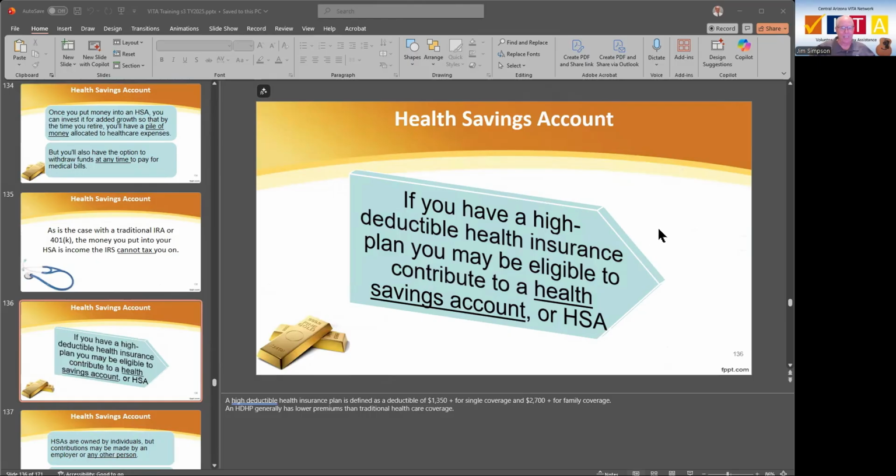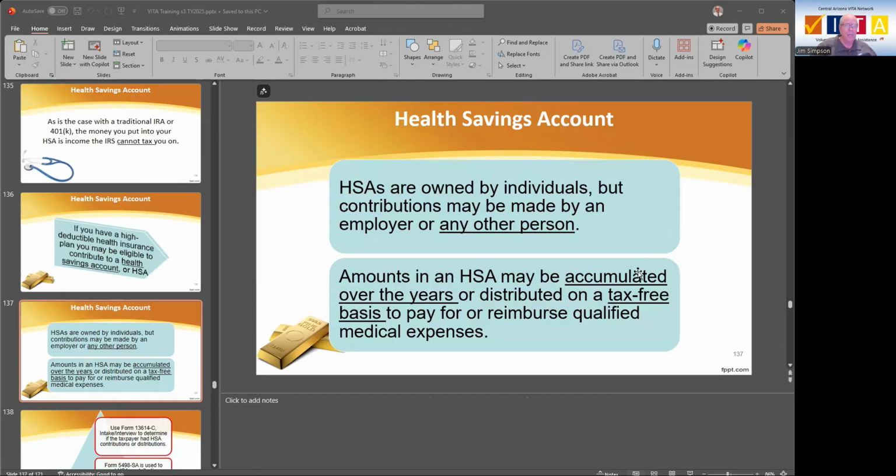Okay, you have to have a high deductible health insurance plan. For a high deductible health plan, the minimum deductible has to be at least $1,650 for an individual or $3,300 for a family in 2025. So it's a pretty high deductible health plan. The HSAs are owned by individuals, but contributions can be made by anybody.